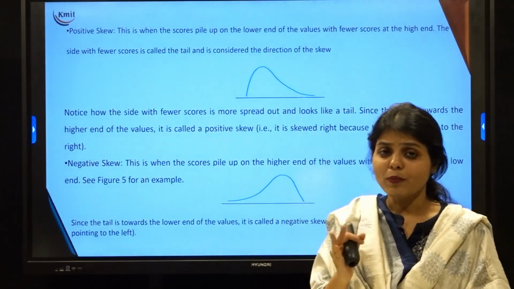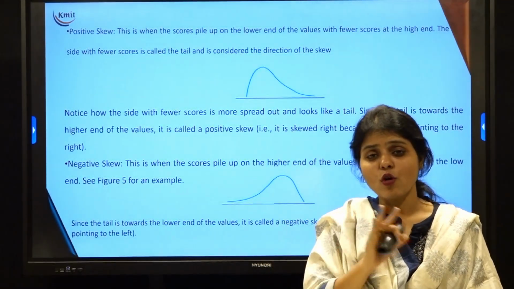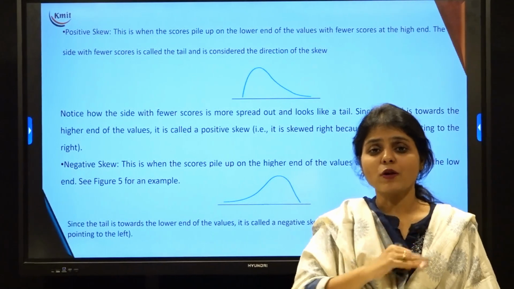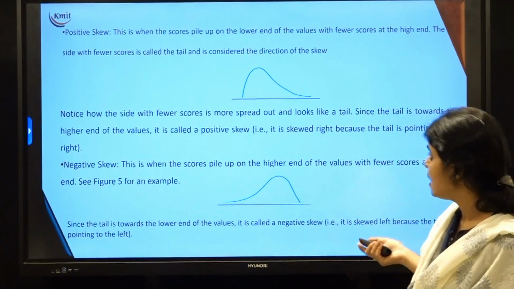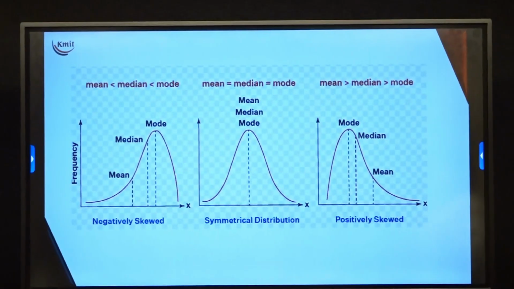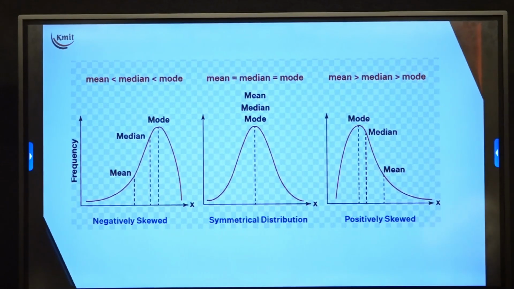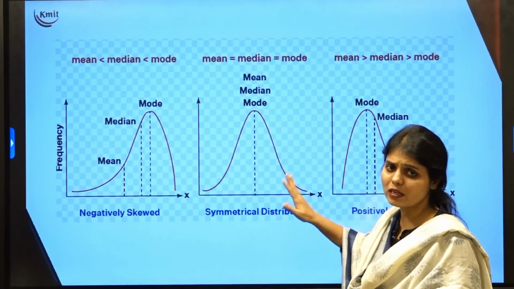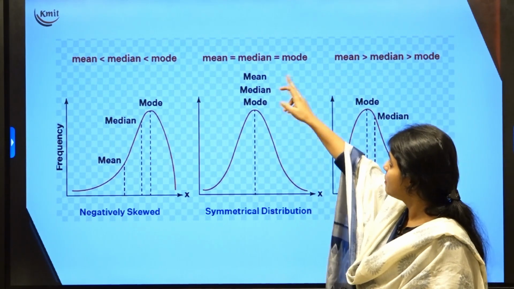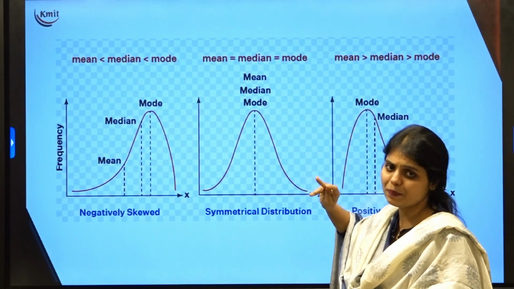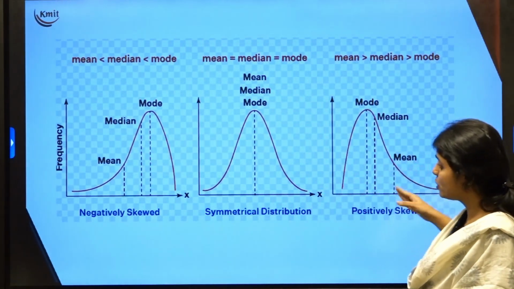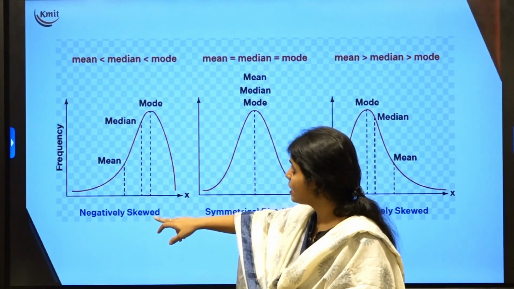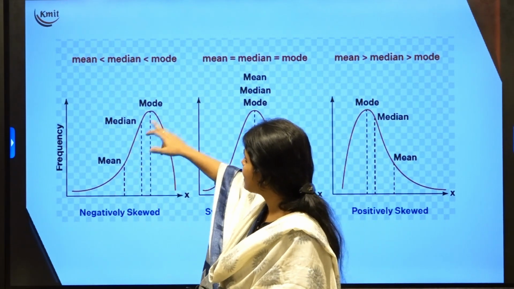Mean, median and mode also differ depending on the distribution of data. Let's see how the distribution of data affects mean, median and mode. If you have a symmetrical distribution, where the data is equally distributed, then mean, median and mode would be the same. But with negative skewed data, mean is less than median, which is less than mode.